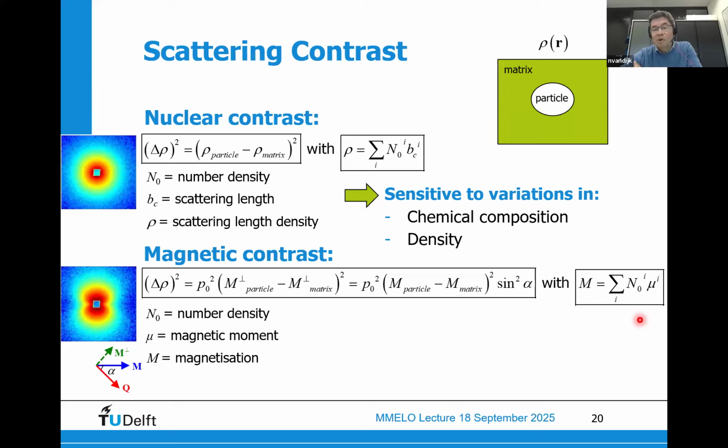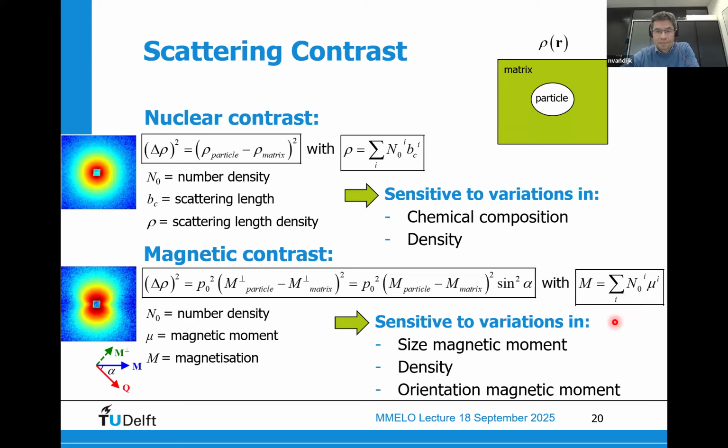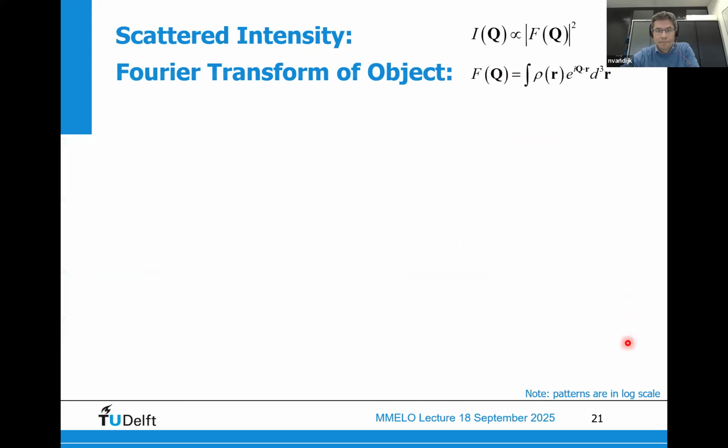And the magnetization is a moment density, so that's the size of the moments and the atomic density. Now, that is the scattering, let's say, how strongly you scatter.